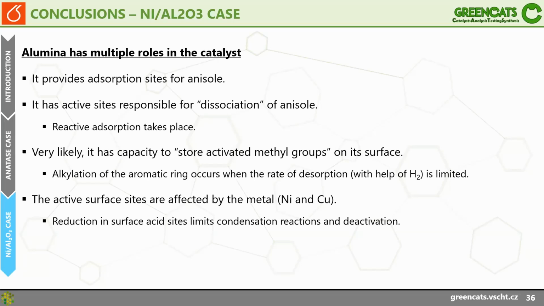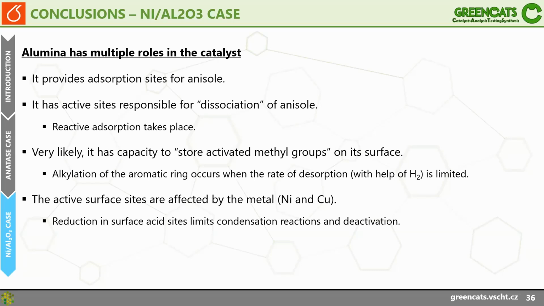Could be some sort of dissociation. So we have the aromatic part and the methyl methoxy part, and they are apart, and depending on the conditions, we either attach the methyl to the aromatic ring, or it can then, in excess of hydrogen, be dissolved as methane from the surface.